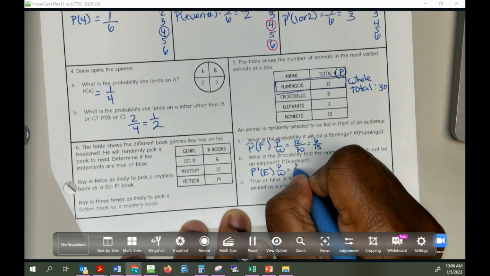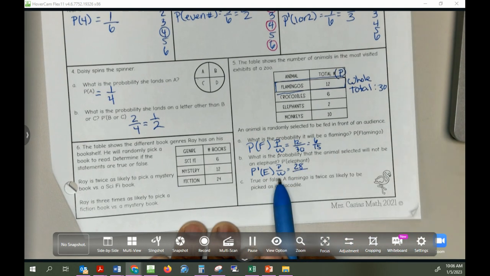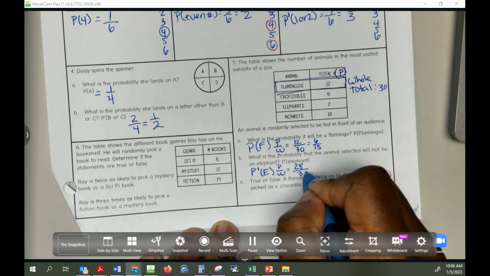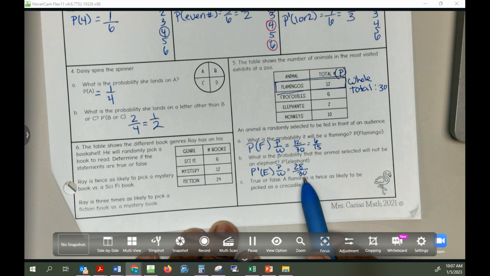So 28. And then what is our whole? Or our total? We wrote it up here. 30. This can be simplified because they're even. What does this simplify to? Because that means we're dividing it by 2.